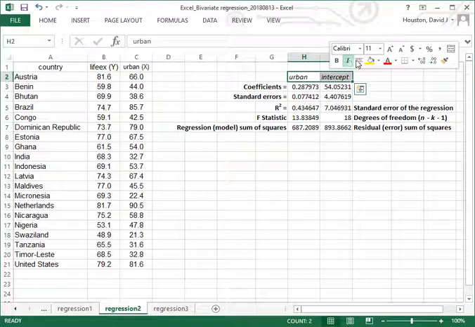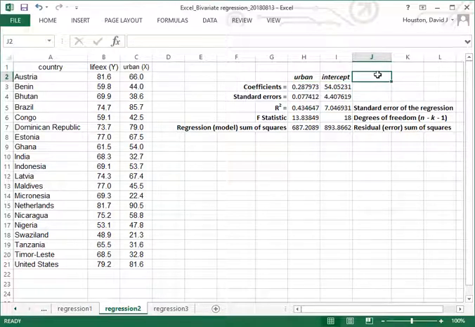And I'll go ahead and center these and highlight them a little bit. So those first 2 rows that have output, first row is coefficients, then standard errors in the second row. But always it's going to be the first piece of information reported is the coefficient for the independent variable, and the second in that row is then going to be the intercept.